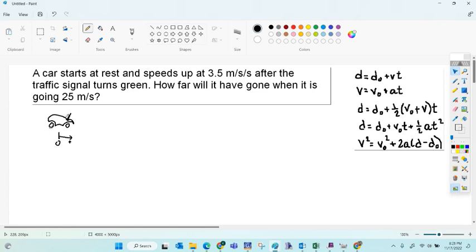It starts, light turns green, off it goes. The acceleration is constant at 3.5 meters per second per second. The velocity, however, is not constant.